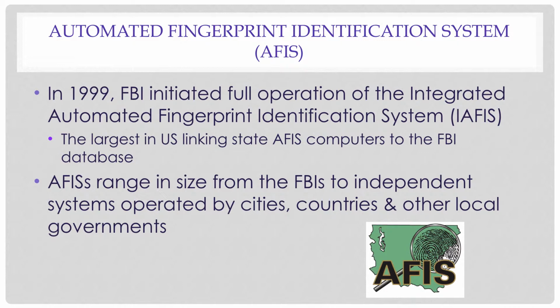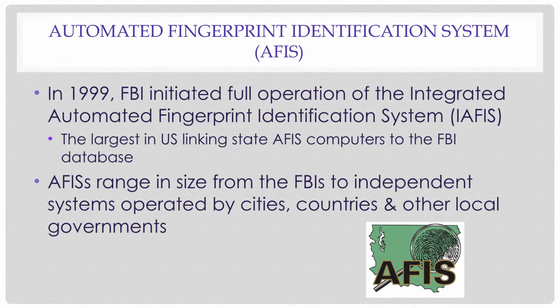It's the largest in the U.S., and it links the state AFIS computers to the FBI databases. Until the emergence of fingerprint computer technology, the manual approach to fingerprinting was taken with ink and then a fingerprint card. And this was the only visible method of maintaining fingerprint collections.